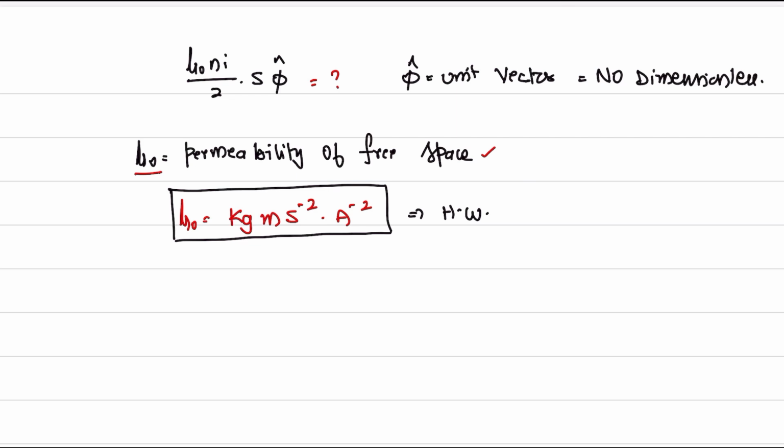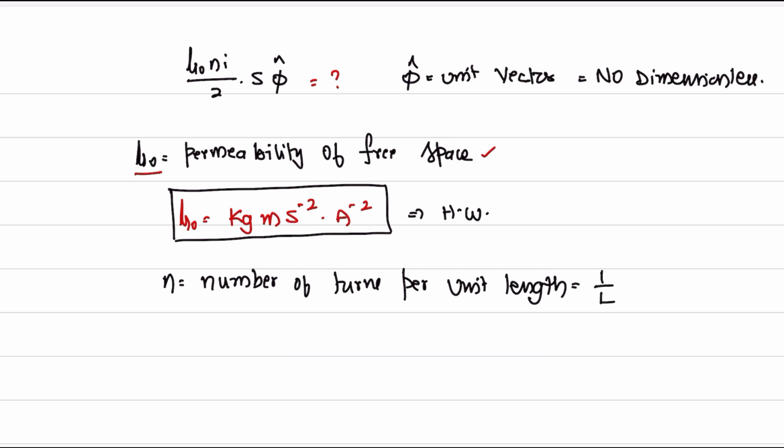Then n is the number of turns per unit length. A number does not have any dimension, hence it has a dimension of 1 by L per unit length, that is meter to the power of -1.